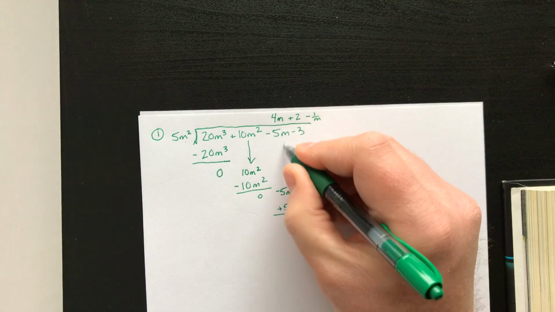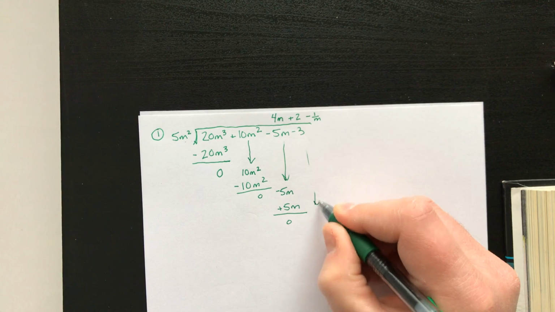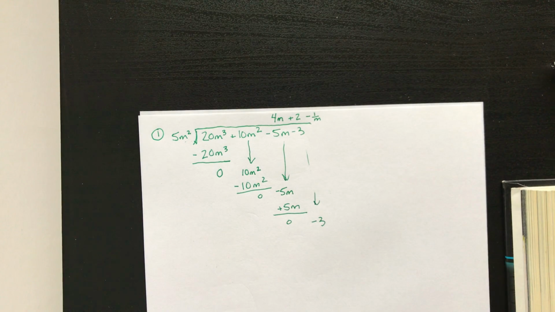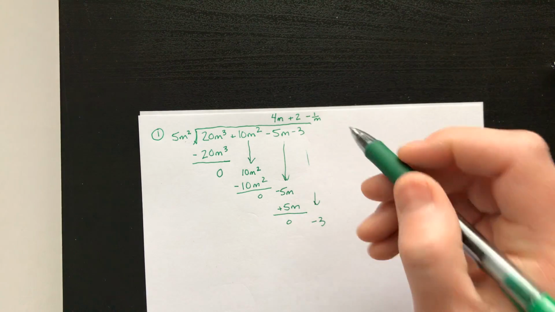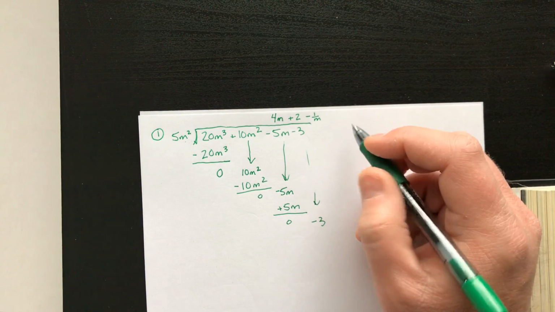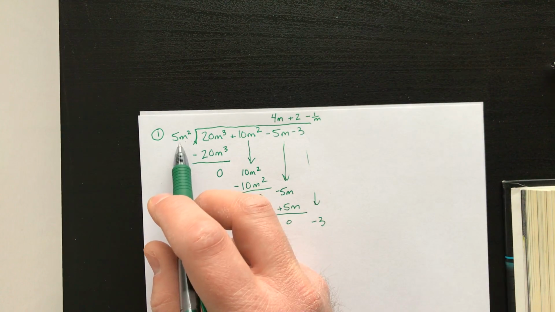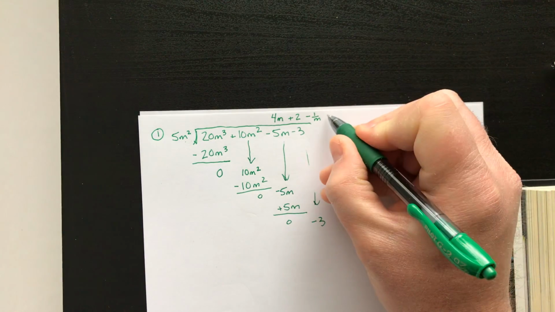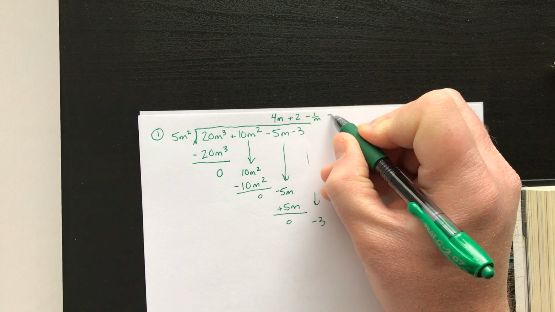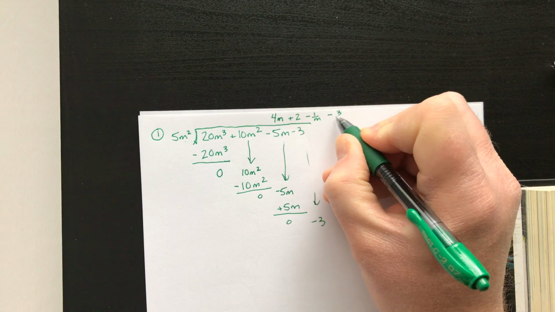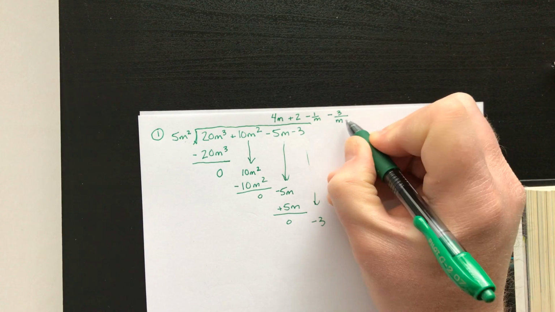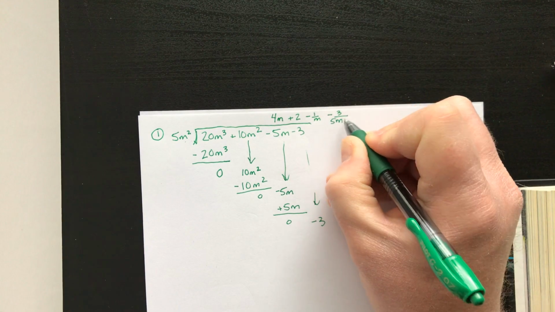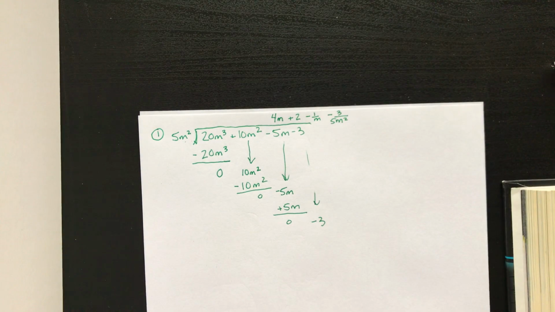We bring down negative 3, right? And the negative 3, what do we get? In order to get a negative 3 by multiplying by a 5m squared, we need a negative 3 over 5m squared.